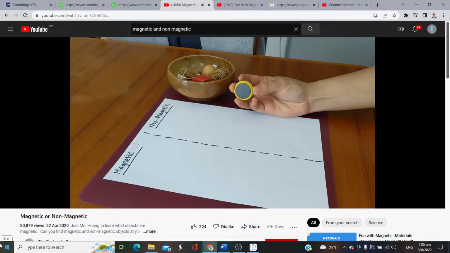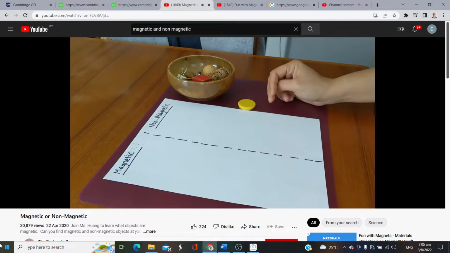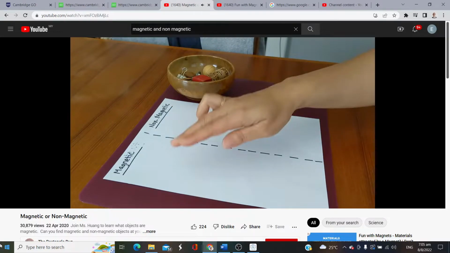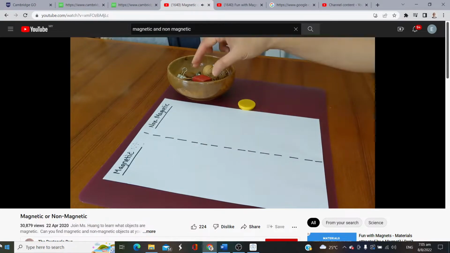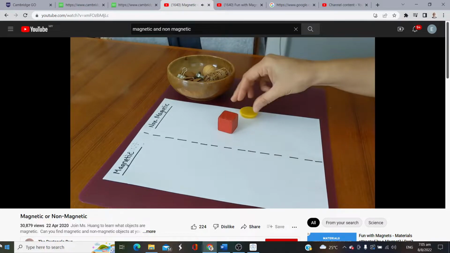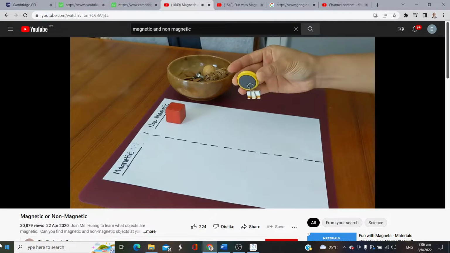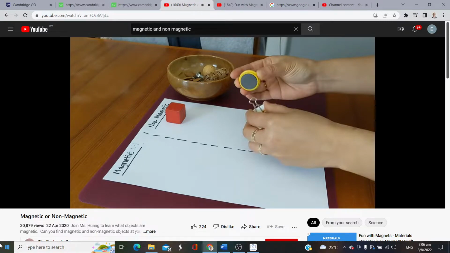On this paper I have written non-magnetic and magnetic, and depending on the object I will put them in this pile or this pile. All right, let's start. I have here a cube. It does not stick, so it will go here. I have a clip. Let's see what happens. It's stuck. It is magnetic. Put it right there.